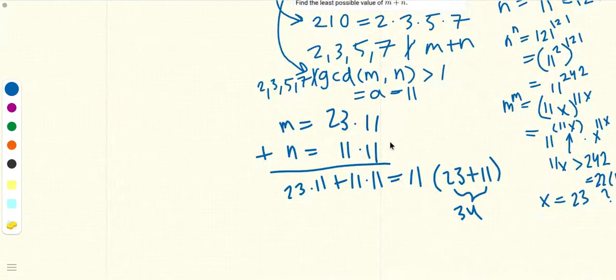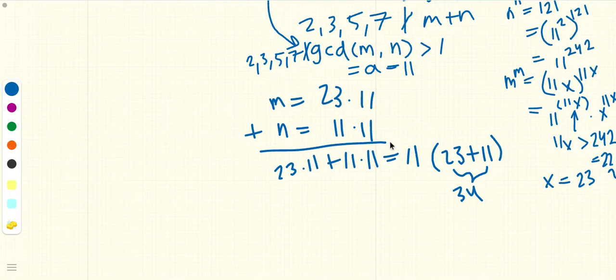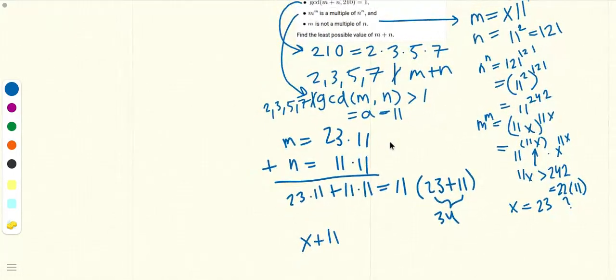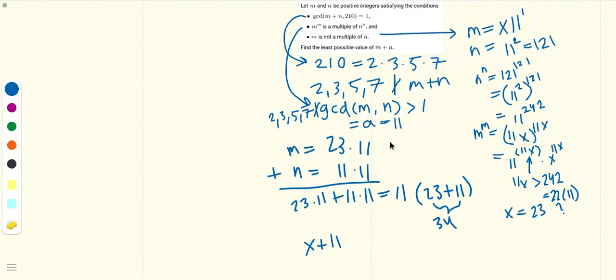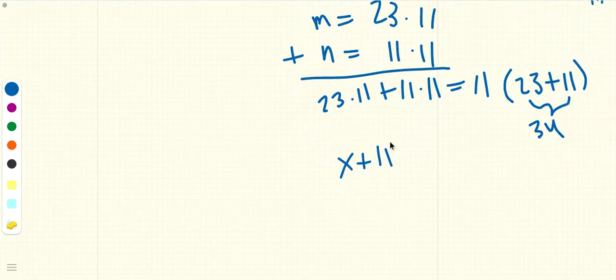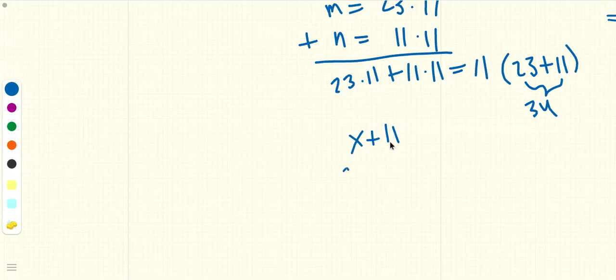So we can just test out all x plus 11 starting from 24 and find the first number that is not divisible by 2, 3, 5, or 7. So when x is 24, we get 35, which does not work.